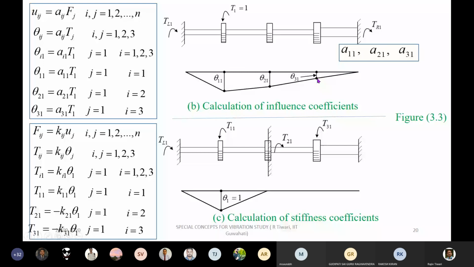So the second subscript represents the torque location and the first represents the displacement location. This figure we'll see subsequently; it will be used to obtain the stiffness coefficients. First we are trying to focus on the flexibility influence coefficients, which we find by applying a unit torque at disk 1. Let us now go to the next slide.